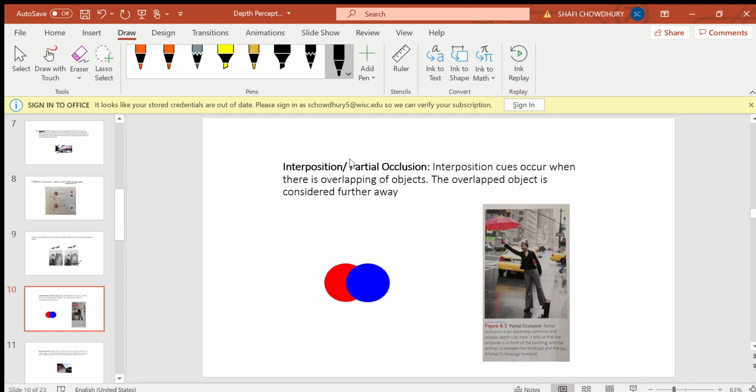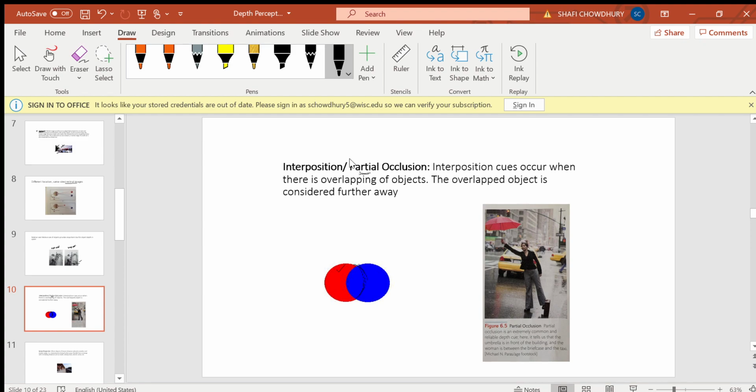Interposition, partial occlusion, another retinal image cue. You see that this one you don't see completely because part of it is covered by the blue one. So the red one is partially covered by the blue one. Although you don't see it, your visual system is used to seeing this, and your eye or brain will think that this is actually a complete thing here.